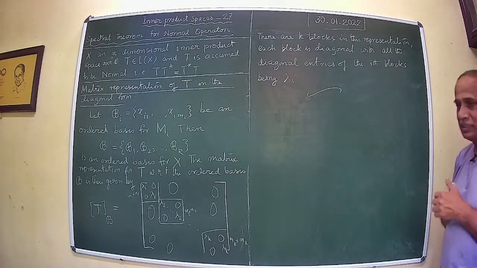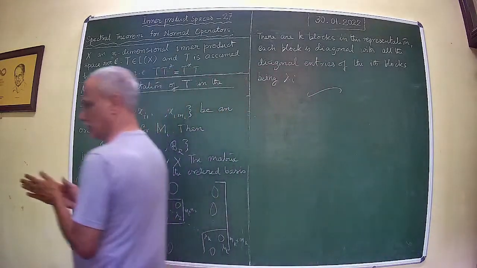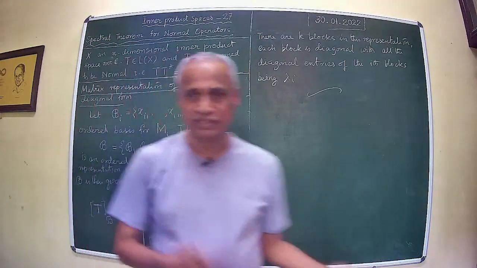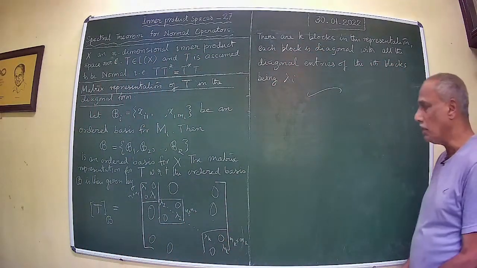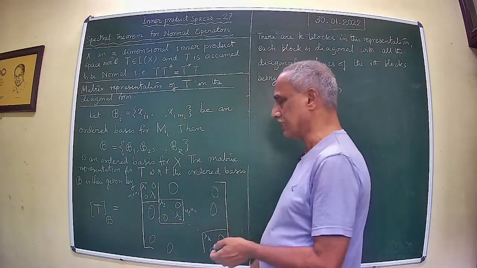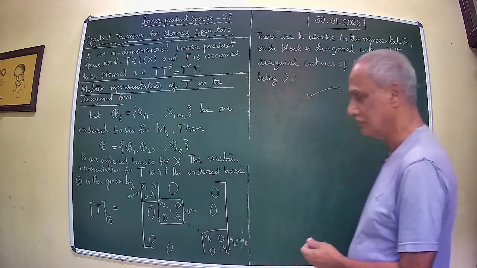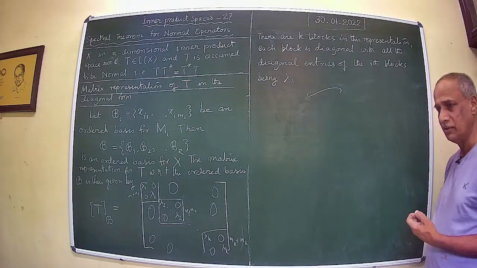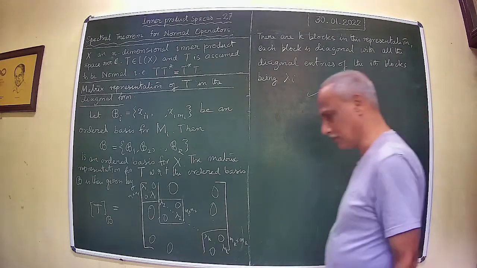For the isometry, which is also a normal operator, with T star as the inverse of T, you have all these eigenvalues lambda i's located on the unit circle in the complex plane. That means modulus of lambda i equal to 1 for every i. That's a special case of it.